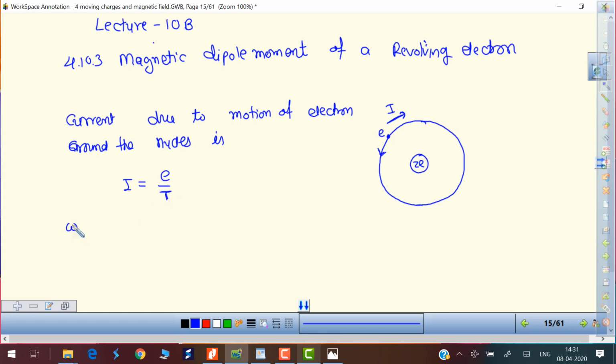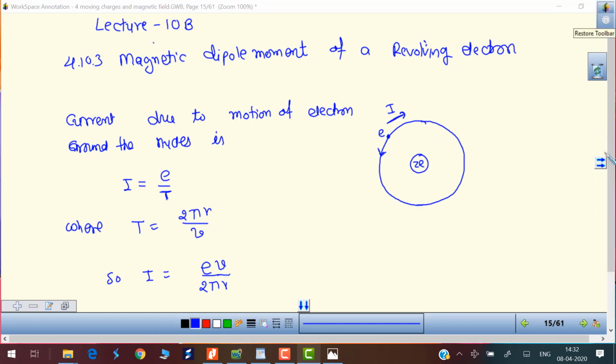What is the periodic time? T equals 2 pi R upon v, that is circumference upon velocity. So the current is I equals e v upon 2 pi R. This is the electric current due to the motion of the electron, due to the revolving of the electron.